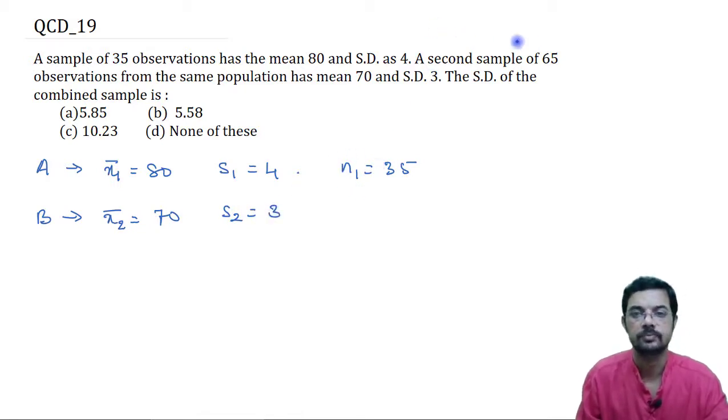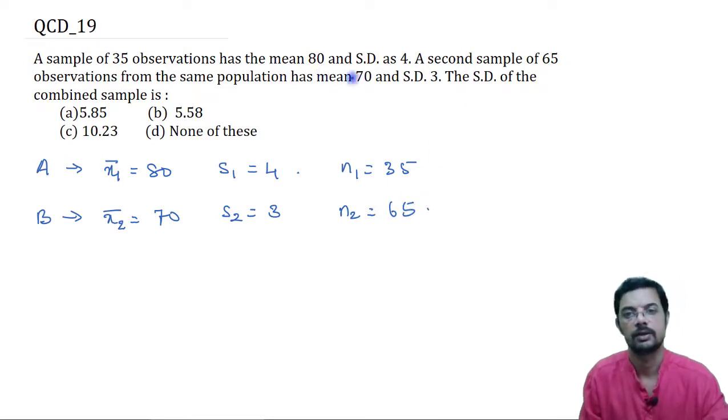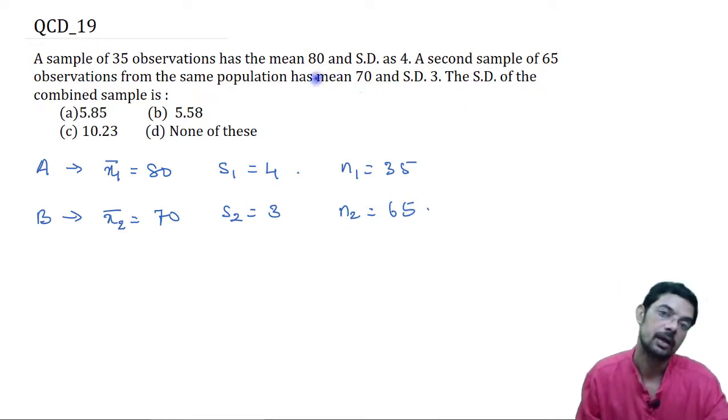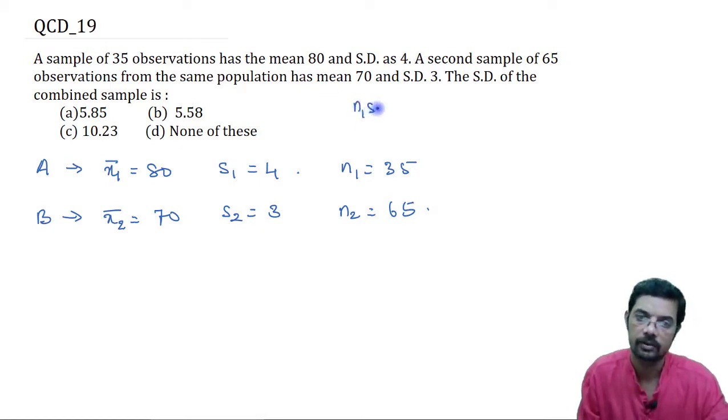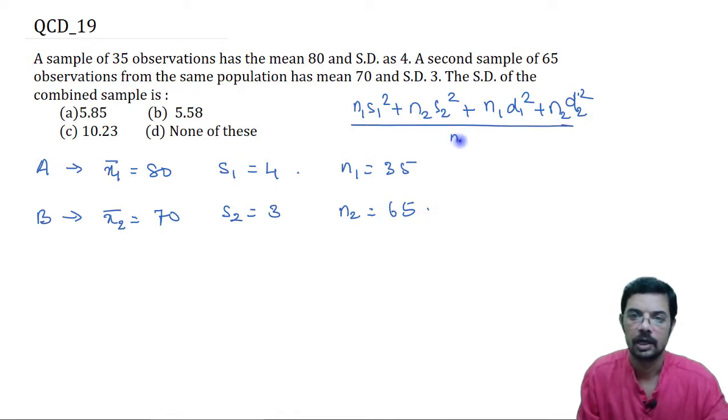And in the second sample, the number of observations N2 is equal to 65. We need to find the combined standard deviation. The combined standard deviation is the square root of N1 S1 square plus N2 S2 square plus N1 into D1 square plus N2 into D2 square, divided by N1 plus N2.